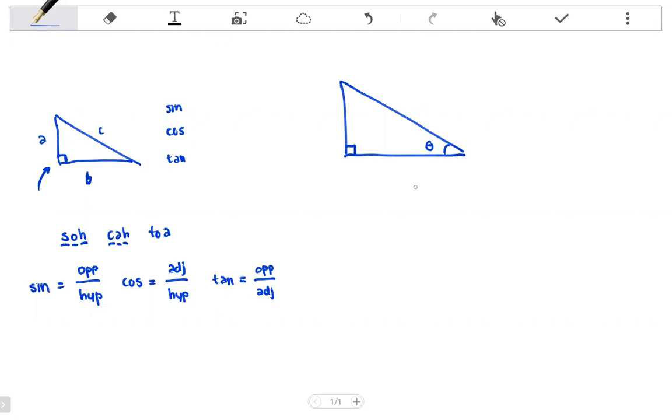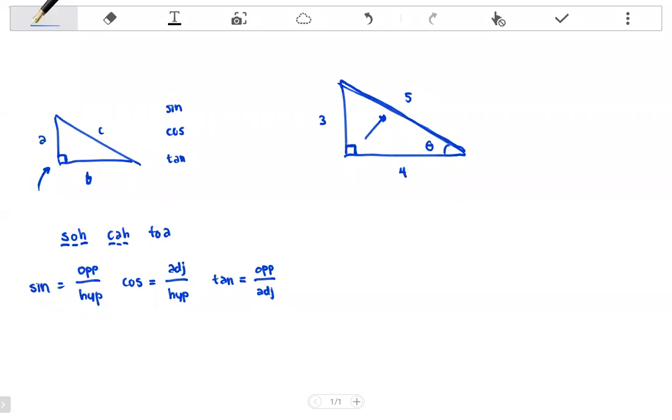So if we're given theta as our angle, and let's say this side is 3, and this is the hypotenuse, right? The hypotenuse is the longest side, the side opposite the right angle. You should know what that is. And let's say that's 4.